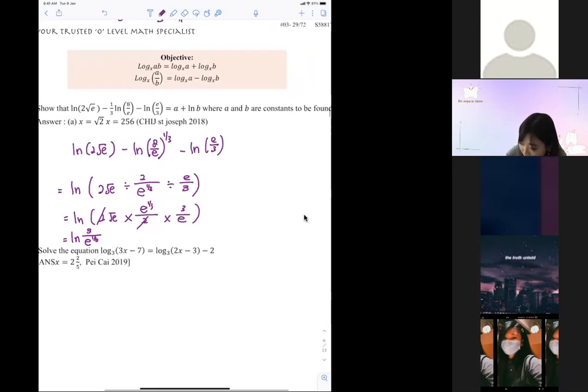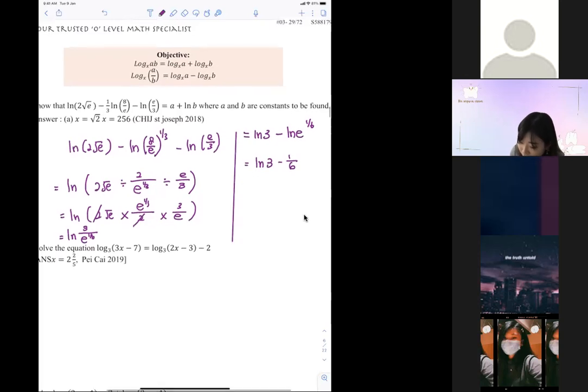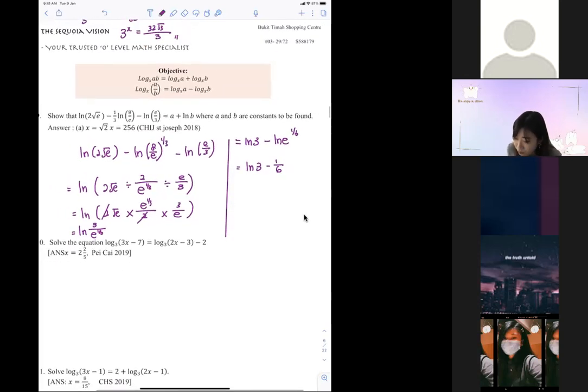Okay. Then you can split it already. Equals to ln 3, divide means minus ln e to the power 1 over 6. Ln e is 1, so just bring the power down. Okay, why my answer different? Let me see.